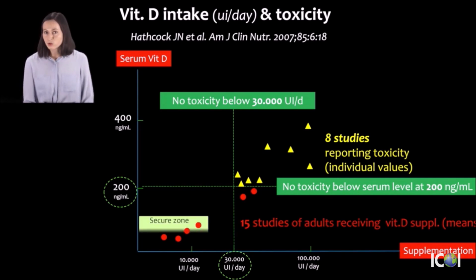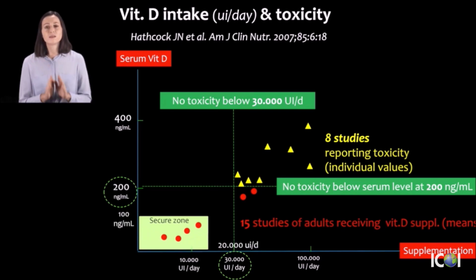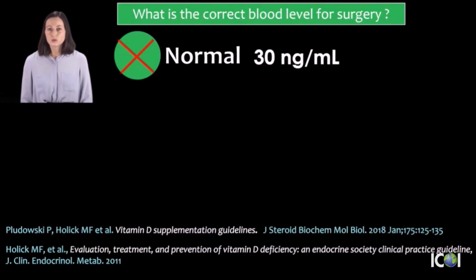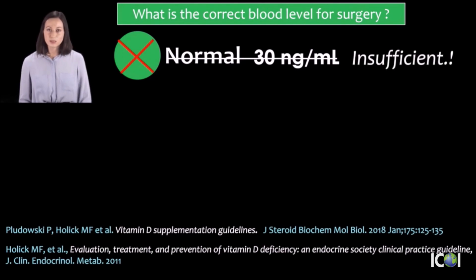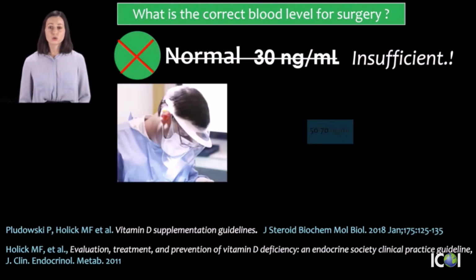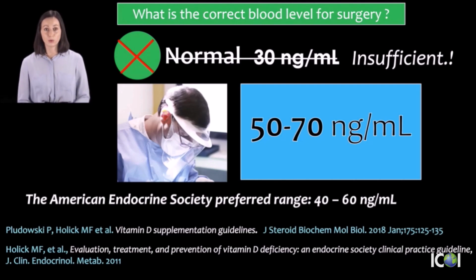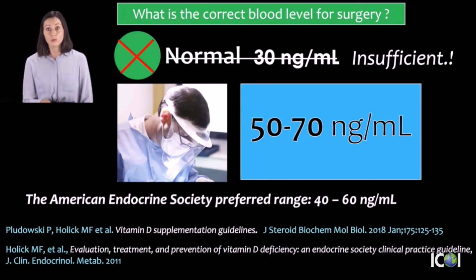And with our protocols, we are in a completely secure and safe zone. So now you understand the correct blood level for surgery. It's not 30 nanograms per milliliter. This is insufficient. We have to increase the dose to reach a serum level of 50 to 70 nanograms per milliliter. And recently, the American Endocrine Society agrees with us on the serum level range.